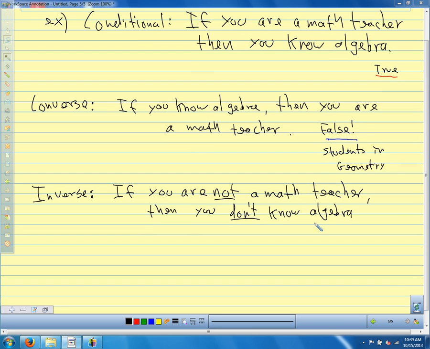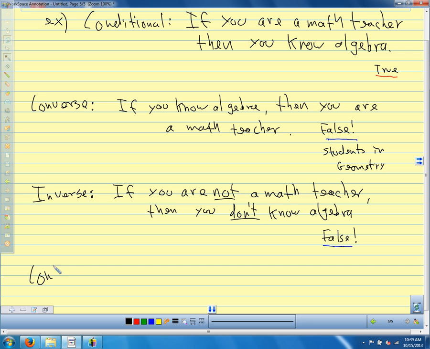Is this true or false? False. This is also false. And what would be our counterexample here? Kids in the classroom, same counterexample. We can use the same counterexample. These two mean exactly the same thing. So these two are equivalent. They tell us the exact same thing.